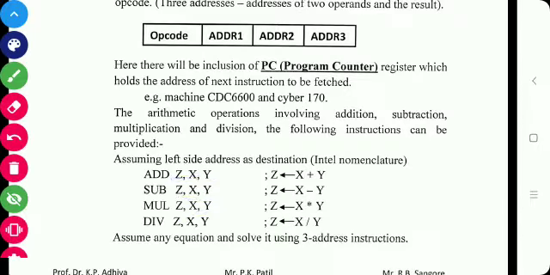So what is this instruction? This instruction adds x and y and stores the result in z. Similarly, this sub instruction subtracts y from x and stores the result of subtraction into z. So here there are 3 operands, and 3 operands are used for the arithmetic operations. So this is the 3 address instruction where there are 3 operands.